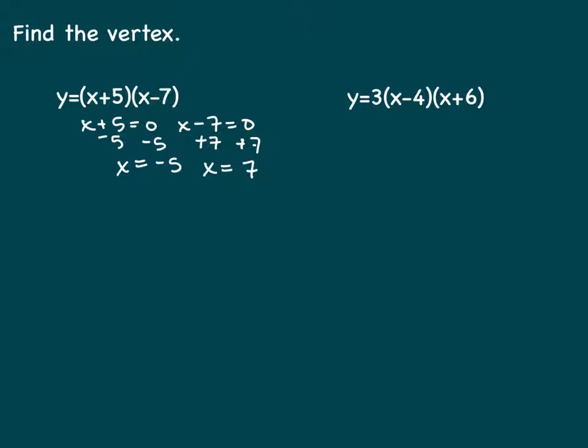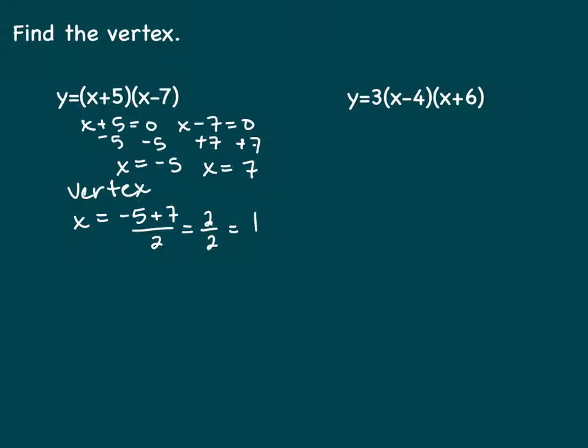So next up, we're going to average them. So to get the vertex, x for our vertex equals negative 5 plus 7, all divided by 2. Negative 5 plus 7 is positive 2. Divided by 2 gives us a positive 1.